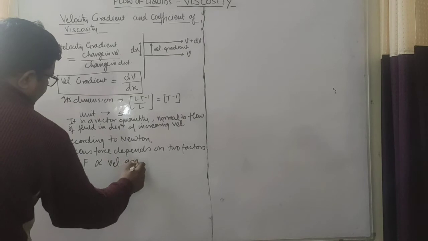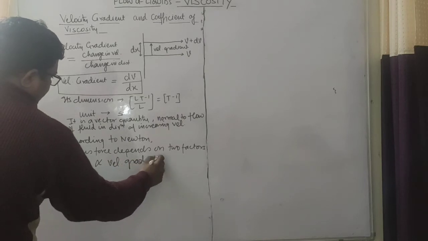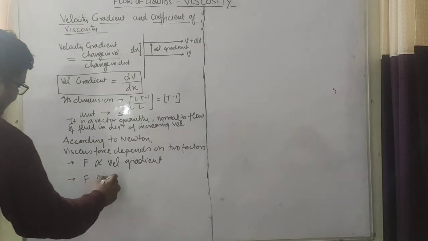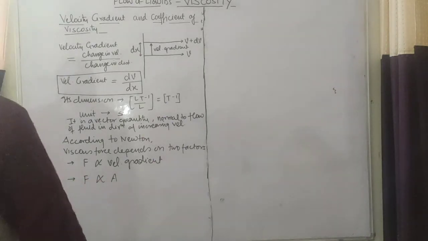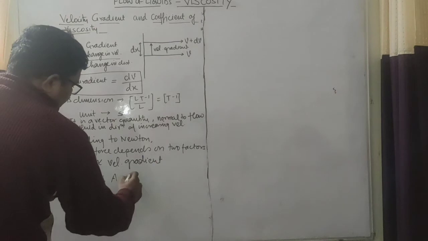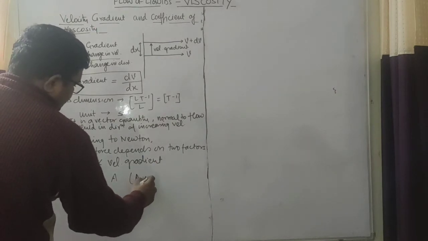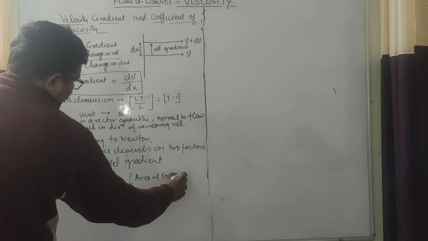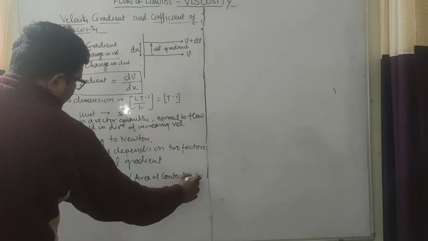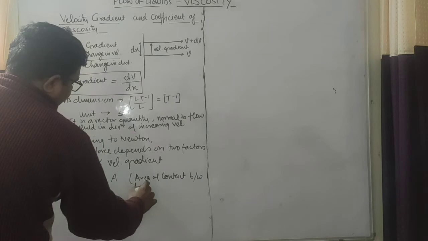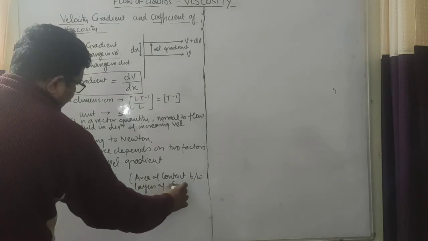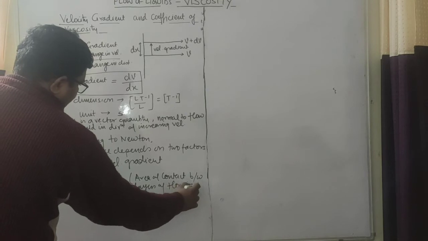And second one is viscous force is directly proportional to area of contact between layers of flowing fluid.